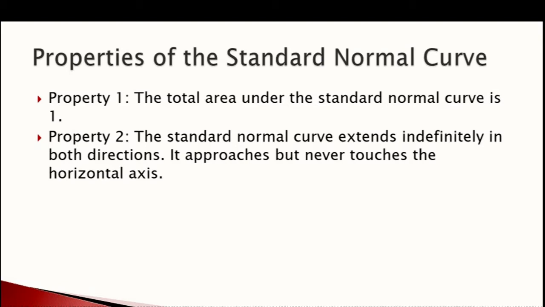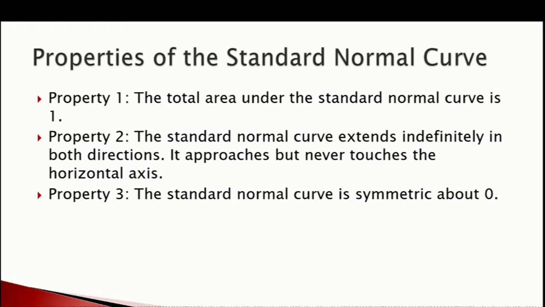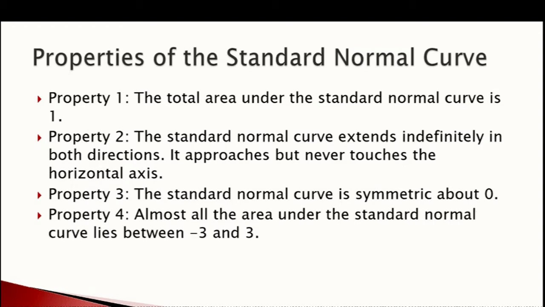It gets very, very close to the horizontal axis, so sometimes people think they touch, but they don't actually touch. Property 3: the standard normal curve is symmetric about 0. 0 is also the mean of the standard normal curve. Property 4: almost all the area under the standard normal curve lies between negative 3 and 3.